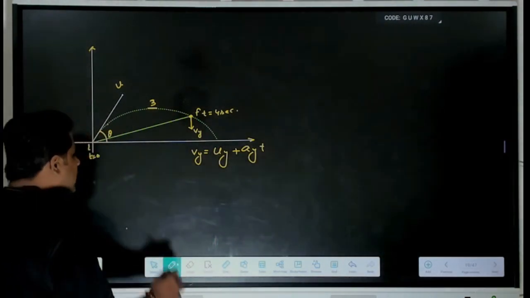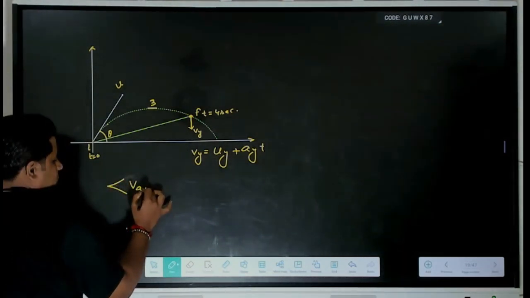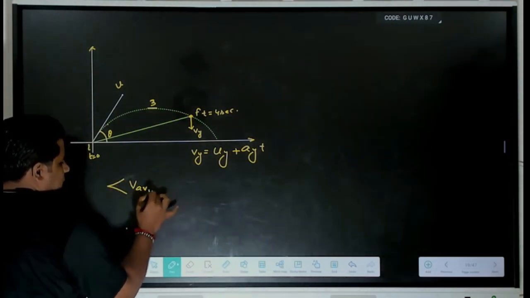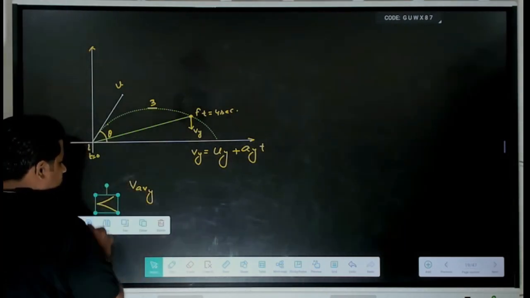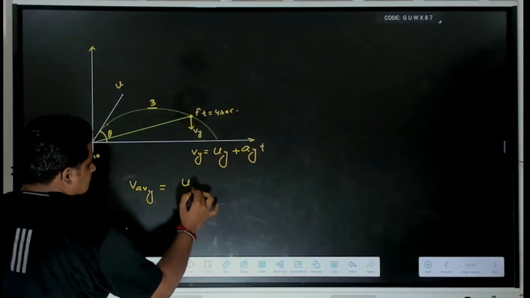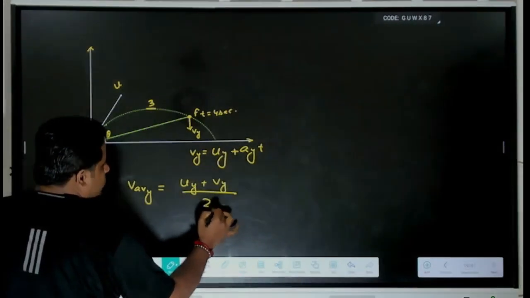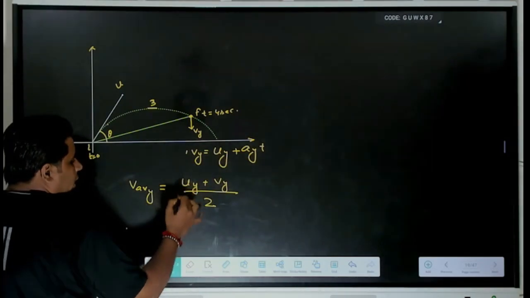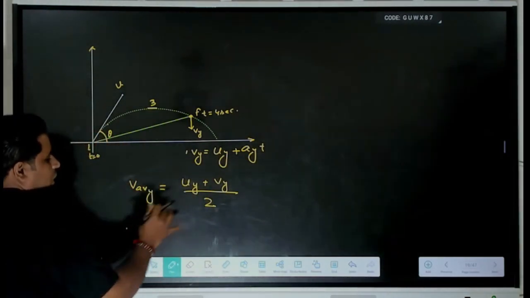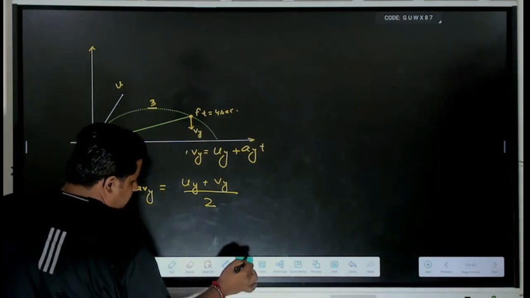Yes. So if I am asking you to find the average value of velocity in the y direction, I can say it is (Uy plus Vy) by 2. Uy you already know, you just need to write it here and you will get the answer.